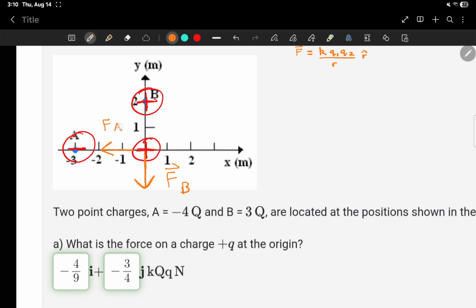The force is from the negative charge, charge A. The fact that charge A and charge Q are on the horizontal axis shows that we don't have to worry about components to find force A. Neither do we have to worry about finding components for force B, because Q and the charge B are also on a line on the y-axis. So that's awesome.